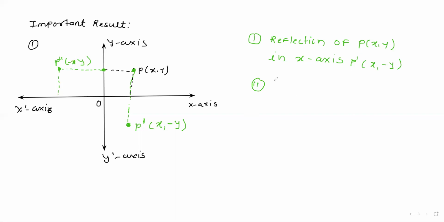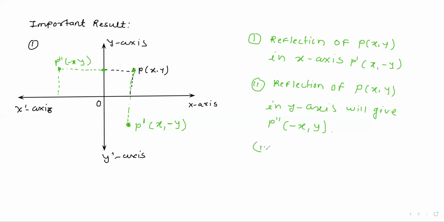So reflection of P x comma y in y axis will give us P double dash, where the coordinate of x is changed and y remains the same.